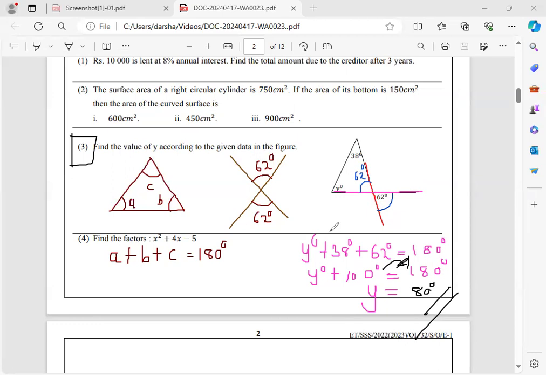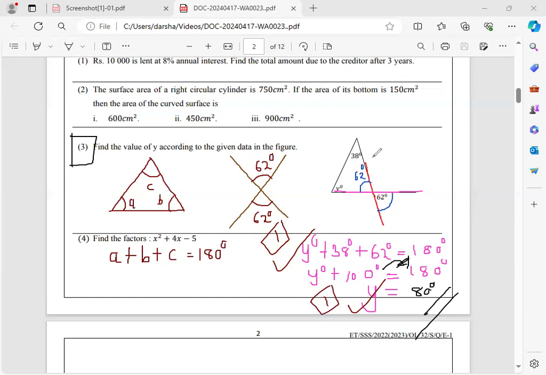For this question, we are going to give 2 marks. This is what the scheme tells us. If you want the scheme, I will send it to you later. Writing this expression, you will get 1 mark, and writing this answer, you will get 1.